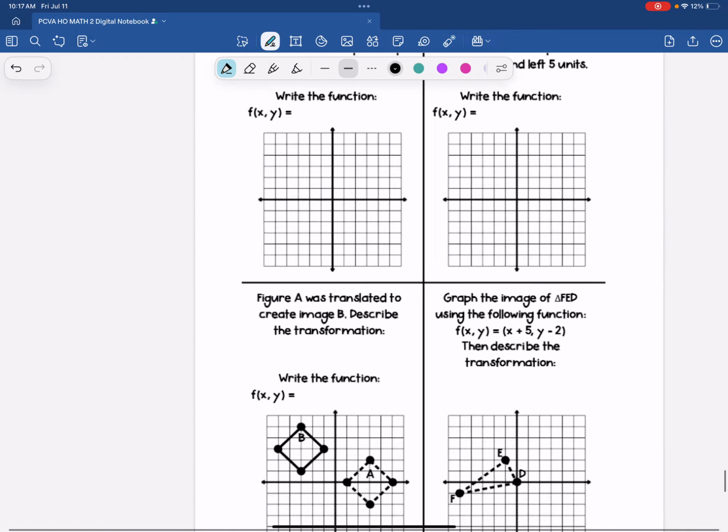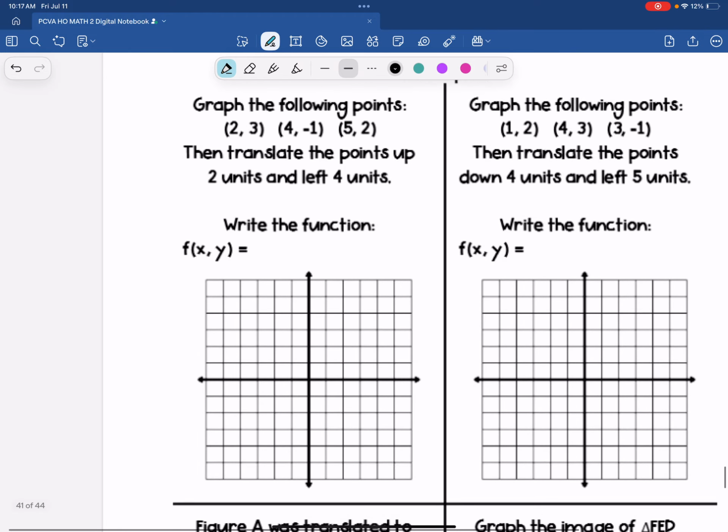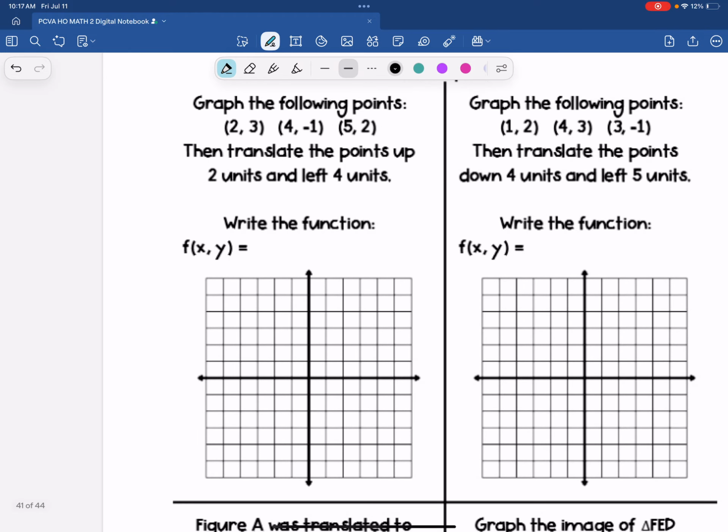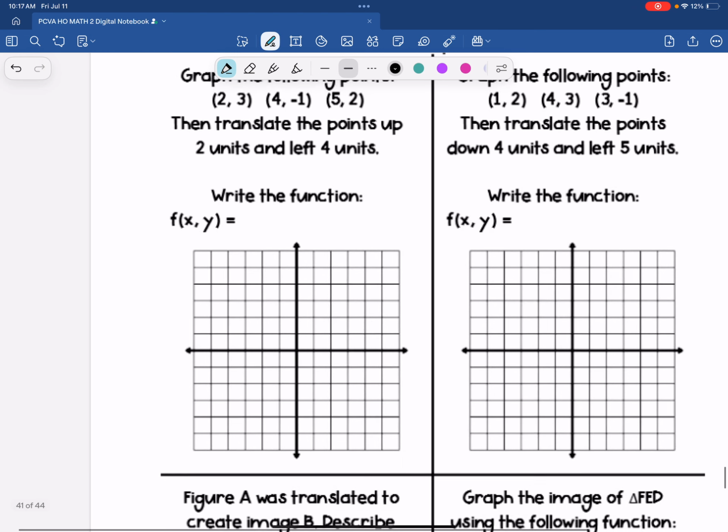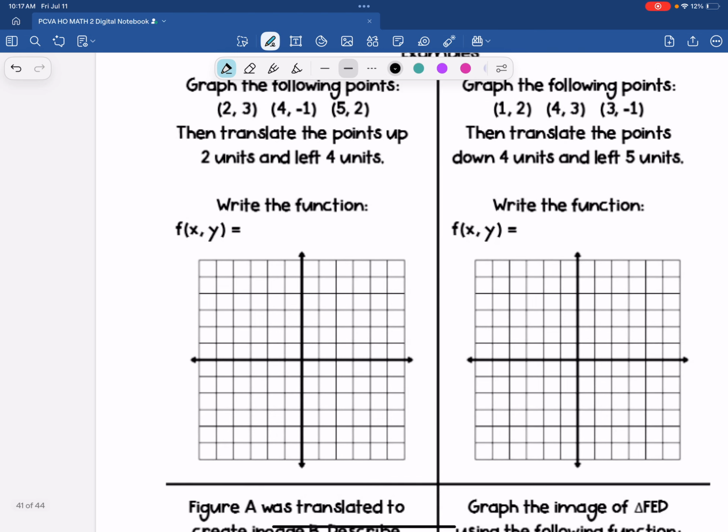All right, so we're just going to do a few examples, and then hopefully, you will be fine with these. So we're going to graph the following. We're going to graph the pre-image, and then we want to translate it. So my pre-image is at 2, 3, and then I have 4, -1, and then 5, 2.